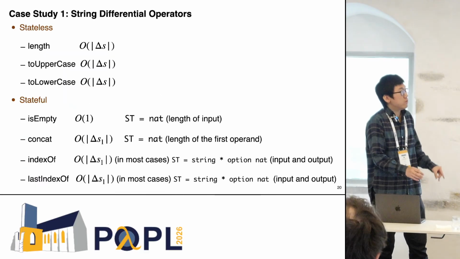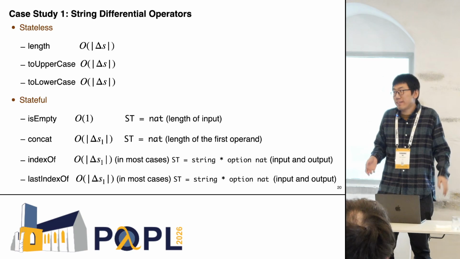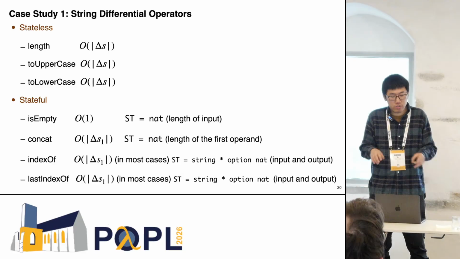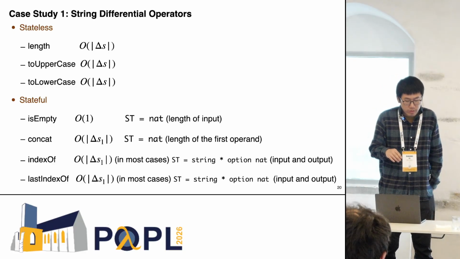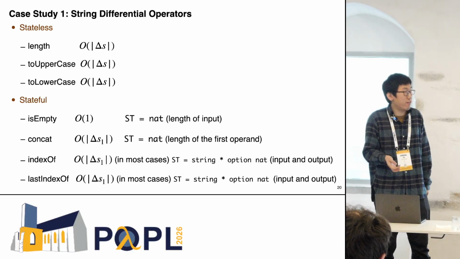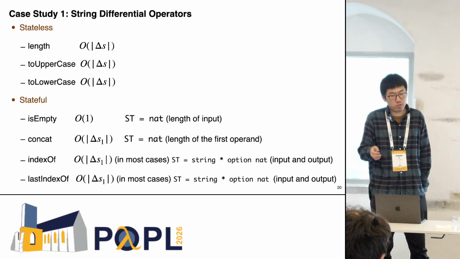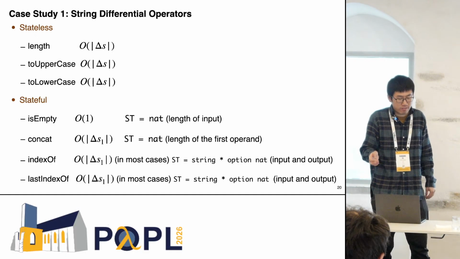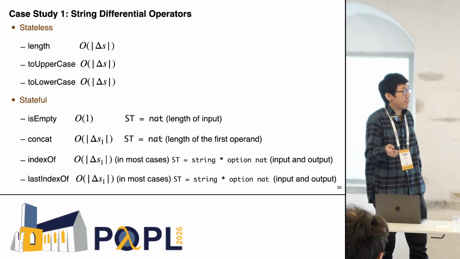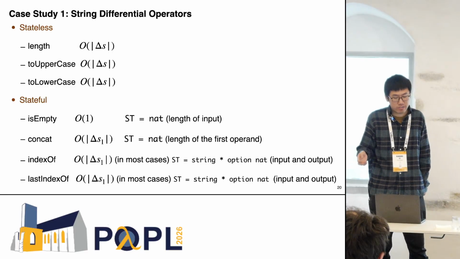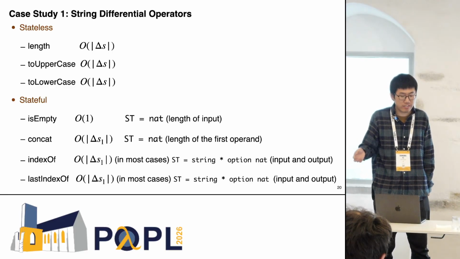And to explore the expressibility of our framework, we did several case studies. The first one is we use our framework to model and verify a bunch of novel string differential operators which did not exist before. For example, we model is empty as a stateful operator which takes the length of the string as a state, which allows us to find the output change in constant time.